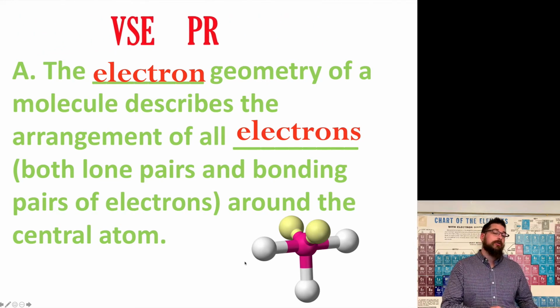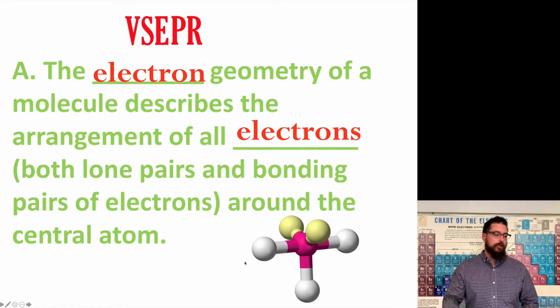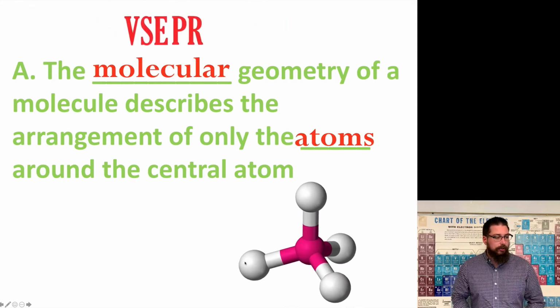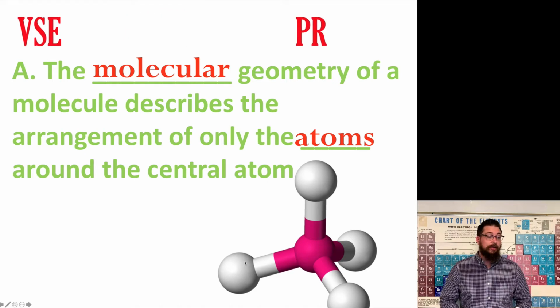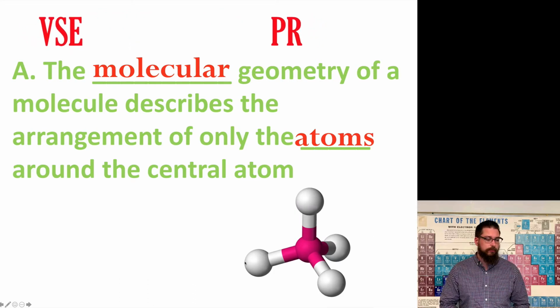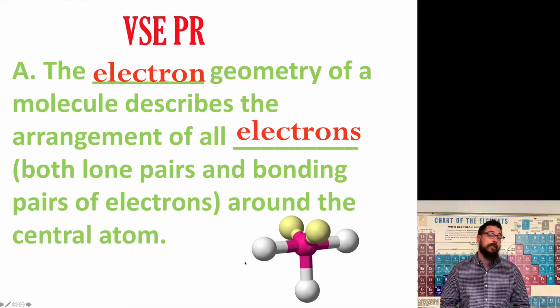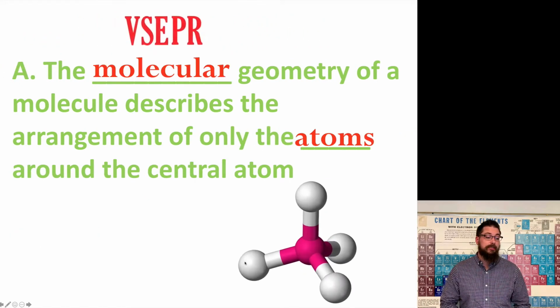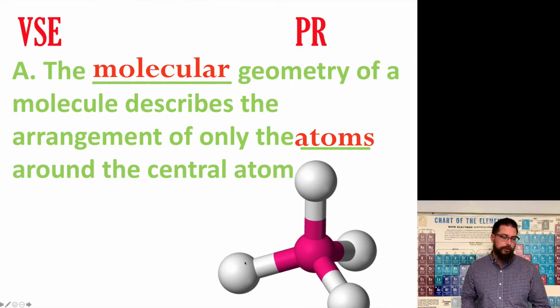If we were to consider just the molecular geometry, we would only be considering the atoms, which makes the T-shape. The molecular geometry is only showing the atoms, not the lone pairs around the central atom. So I'm going to go back here. That's the electron geometry, which includes the lone pairs within the shape, and that is the molecular geometry, which does not include lone pairs.